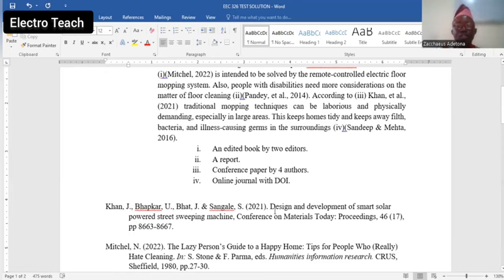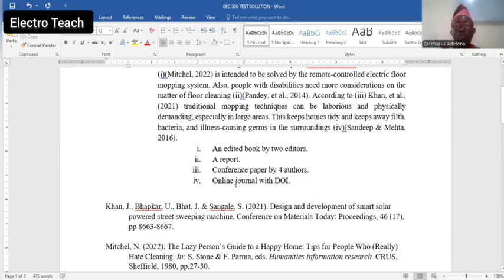And the title of the conference paper is Design and Development of Smart Solar Power Street Sweeping Machine. Conference on Materials Today. Proceedings, volume 46, issue 17, pages 8663 to 8667. So that is the formatting according to a conference paper by 4 authors.